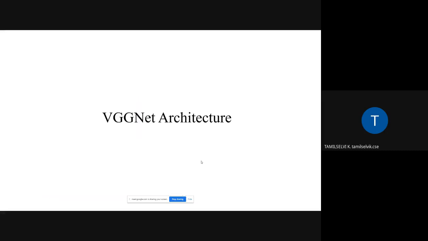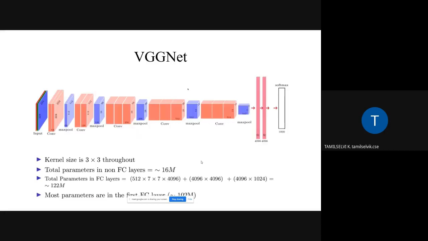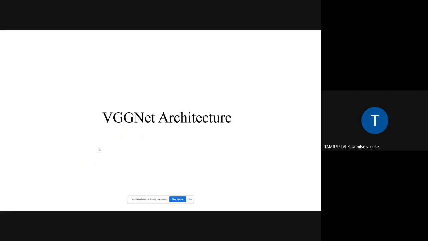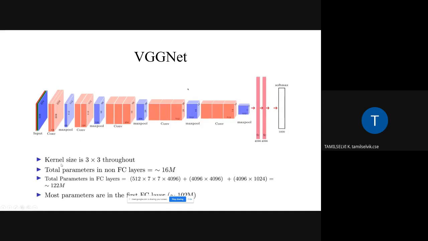Here, the same AlexNet-style architecture is used in VGG. In the AlexNet architecture, the kernel size varies at each level. Initially you used 11 cross 11, then 3 cross 3, then 5 cross 5, and so on. But they made a change: throughout the network they used only 3 cross 3.